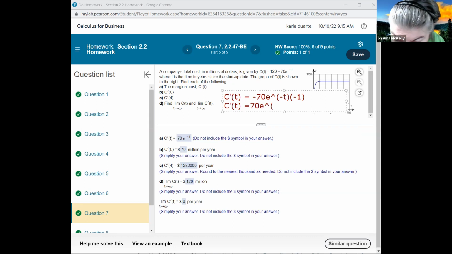So my derivative function is positive 70 e to the negative t power. And that's what you see in part A, okay?